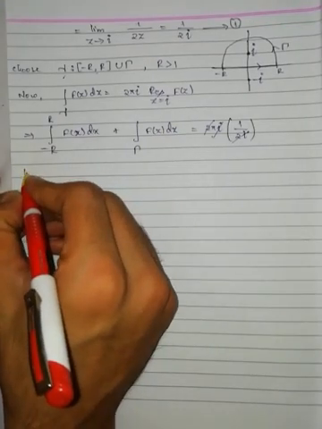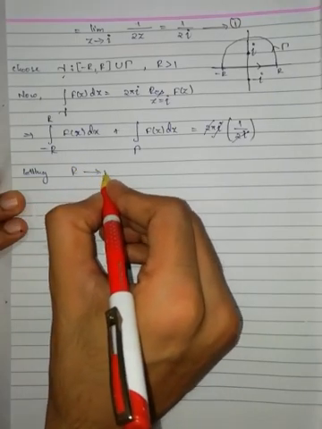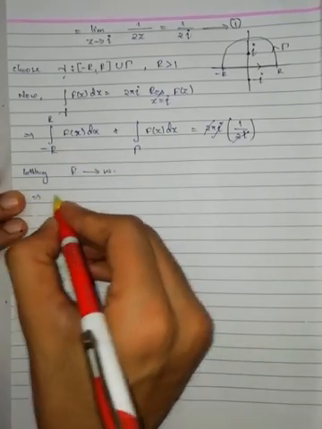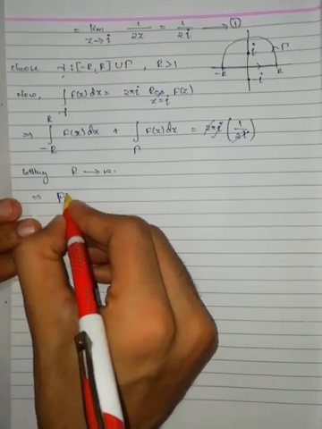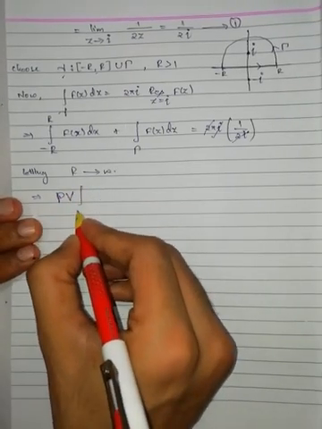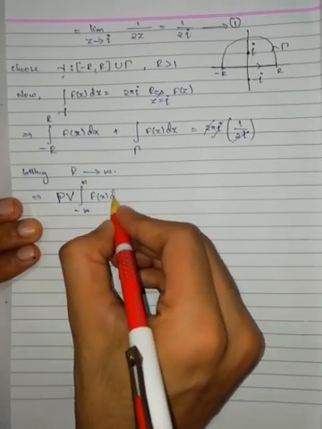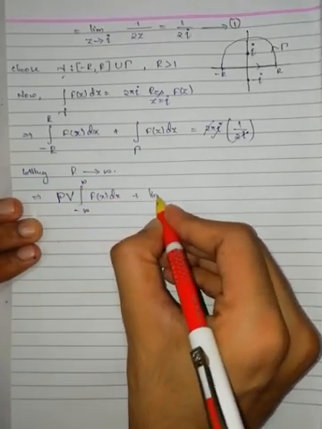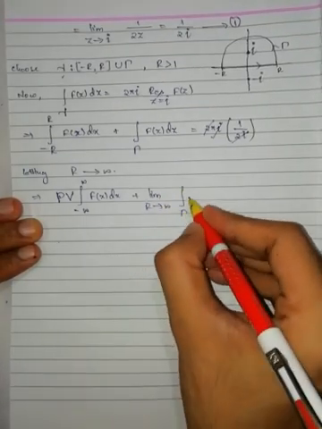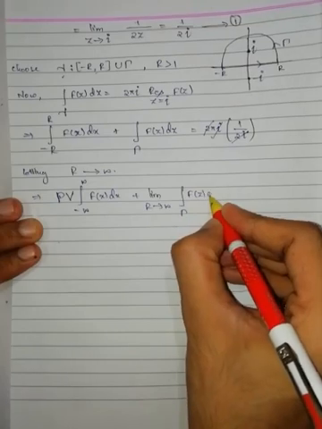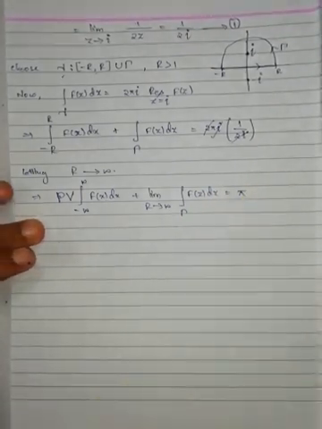Now letting R tend to infinity, this becomes the principal value of integration from minus infinity to infinity of capital F of x dx plus limit R tends to infinity of integration over capital gamma of capital F of z dz is equal to pi.